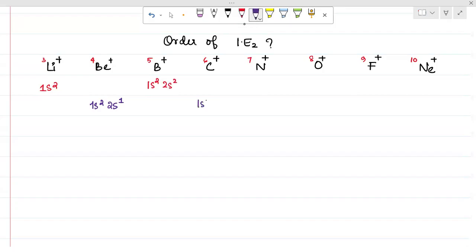Carbon is 1s2, 2s2, 2p2 actually, but one electron is lost. Here 1s2, 2s2, 2p2. Here 1s2, 2s2, 2p. How many? 8. One electron is lost, so it is 7, 3. 1s2, 2s2, 2p4, and finally 1s2, 2s2, 2p5 is what you have.